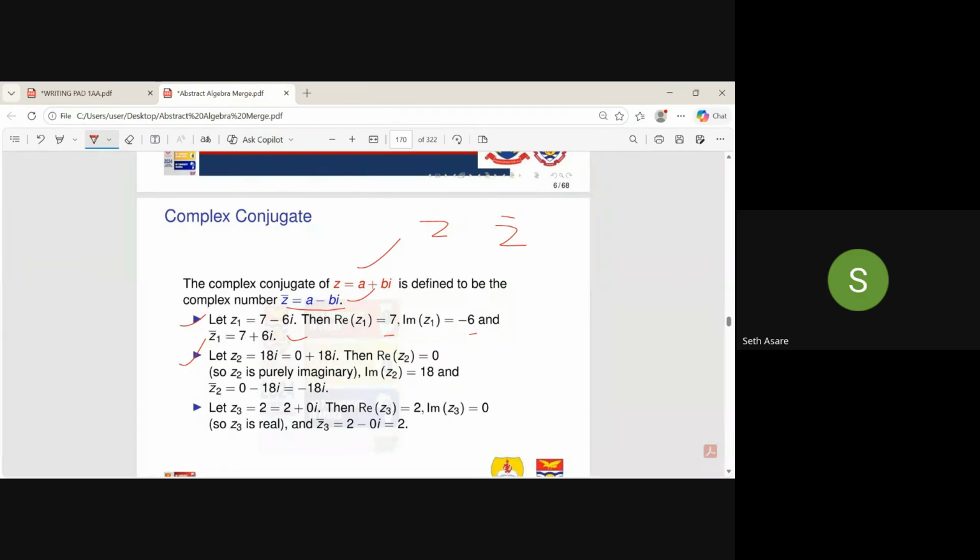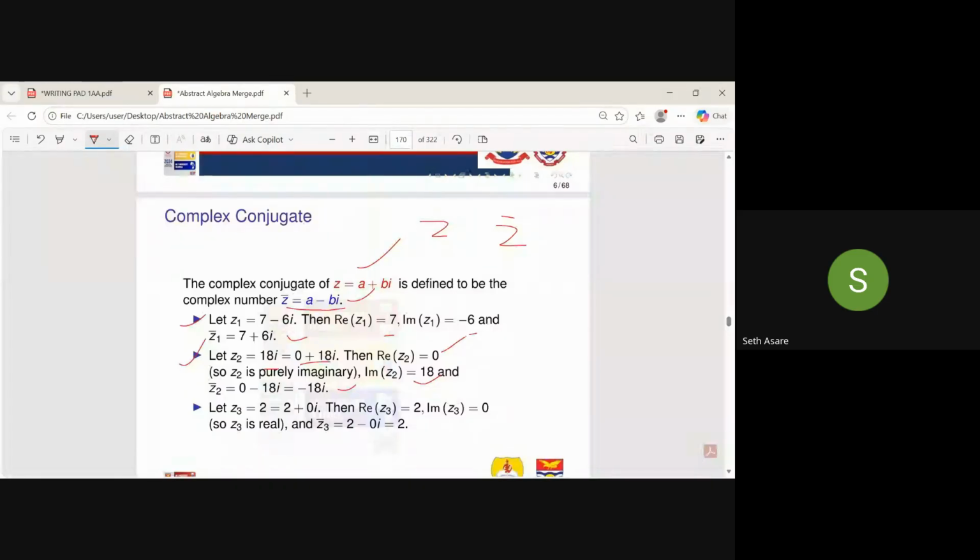Another complex number z2 is equal to 18i. This is a pure imaginary complex number because the real part is 0. Its imaginary part is 18, and its conjugate is negative 18i.